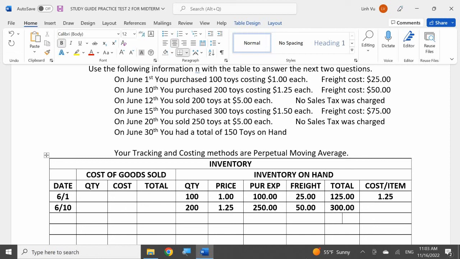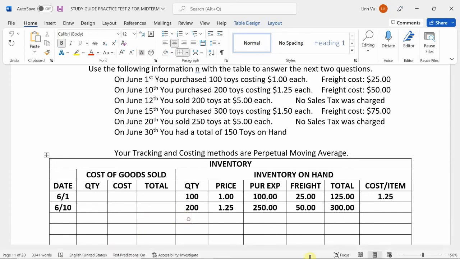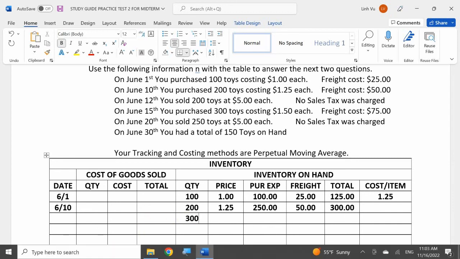So in this case, because I'm using moving average, I need to calculate my grand total. I have a total of 300 units at a grand total cost of $425. So I need to figure out what my cost per item is here, right?